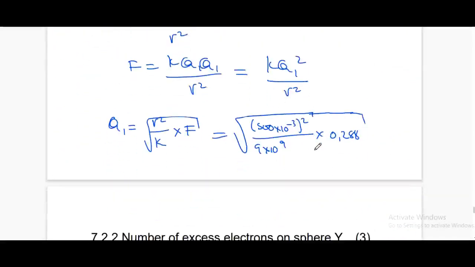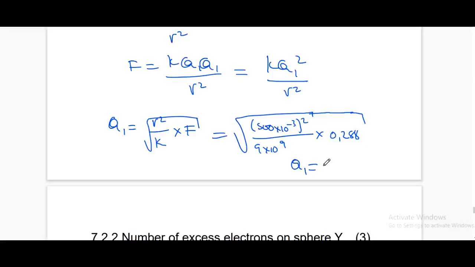So what is the answer? Q1 is the square root of (500 times 10 to the power minus 3) all squared divided by 9 times 10 to the power 9 times 0.288.